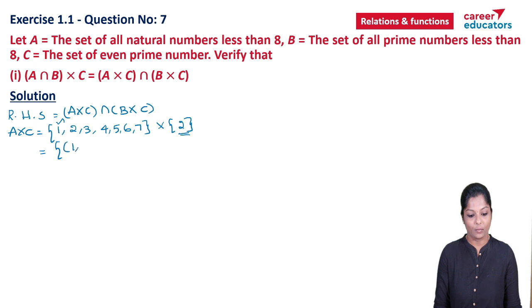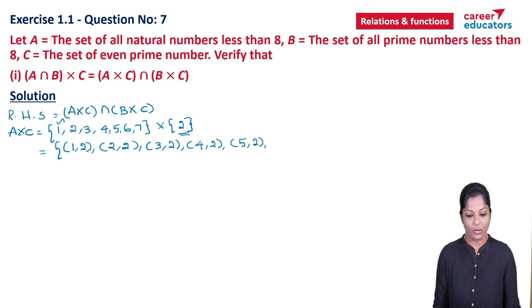We will get 1, 2. Likewise, we have to do it for the remaining elements of A. We will get 2, 2, 3, 2, 4, 2, 5, 2, 6, 2, 7, 2.